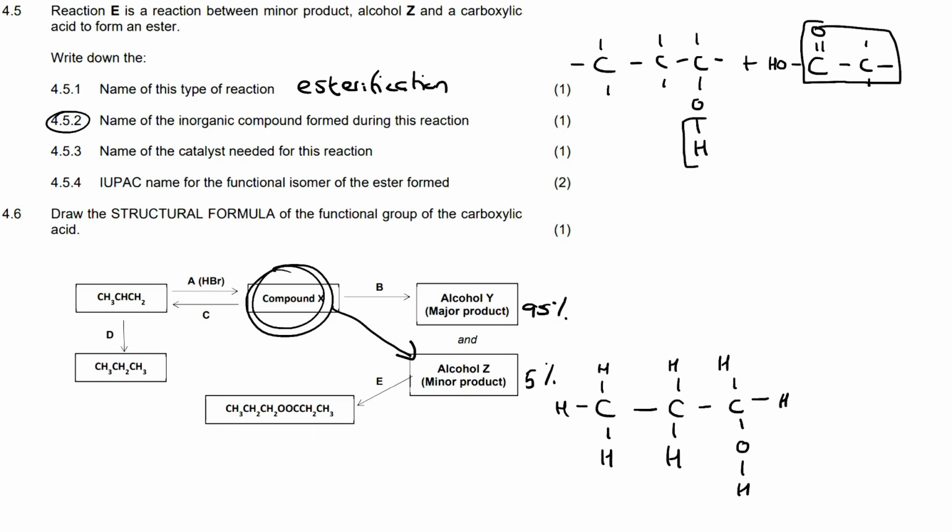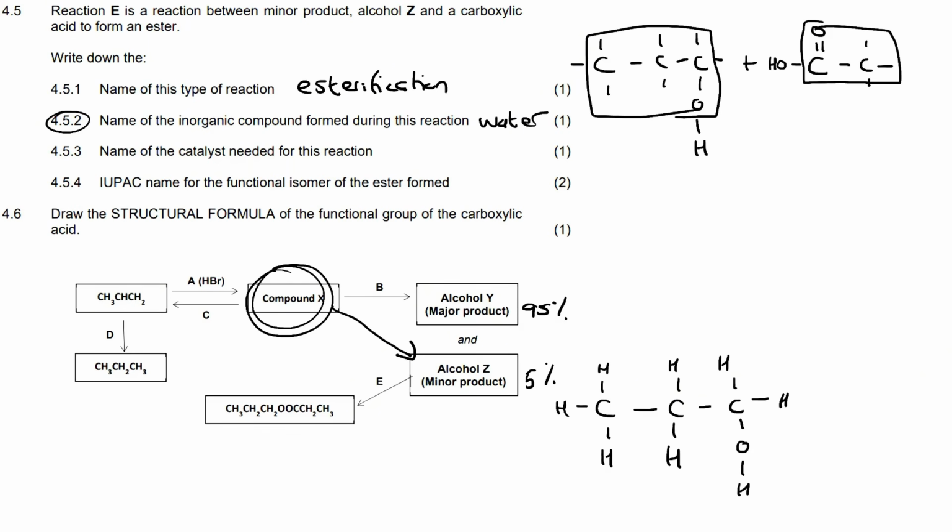What you get rid of while reacting the alcohol and the carboxylic acid is an H2O molecule that is released, and that is an inorganic compound. So the name of the inorganic compound is water. They said the name, not name and formula.